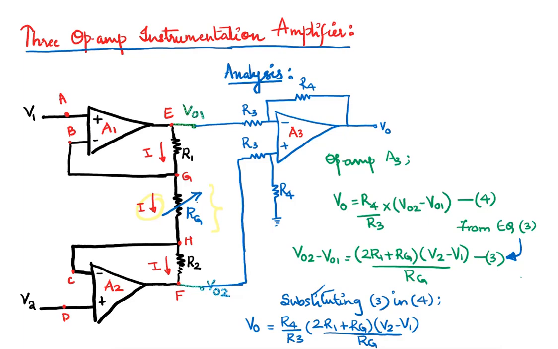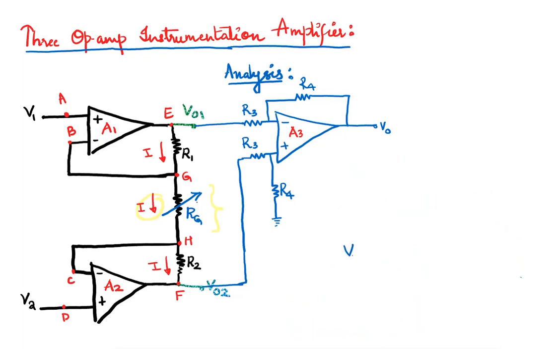There are two ways of representing the output equation, either in terms of R1 or in terms of R2. This is because in the beginning, we have equated resistance R1 to be equal to resistance R2. So we can have the final equation in two forms. If you represent in terms of R1, V out will be equal to R4 by R3 into 1 plus 2 R1 by Rg into V2 minus V1.